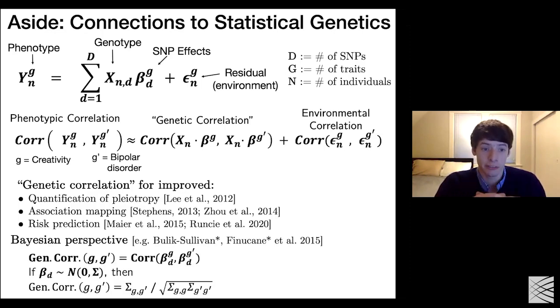And from a Bayesian perspective, for example, in this prior work by Bulik-Sullivan and Hilary, we can describe genetic correlation as just being the correlation between the effects for different traits, where we treat these parameters beta as random. So now if we have this prior where beta is distributed from a normal with mean 0 and covariance sigma, genetic correlation between two traits is just exactly this relatedness that I talked about before, after some rescaling.